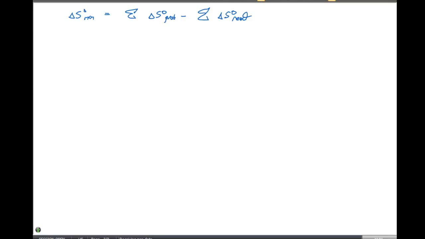And remember what we said, that this is an extensive property, so it's going to depend upon the amount. So typically, when you see these summation signs, you also sometimes in some texts see an N listed in that equation, and this N accounts for the number of moles.